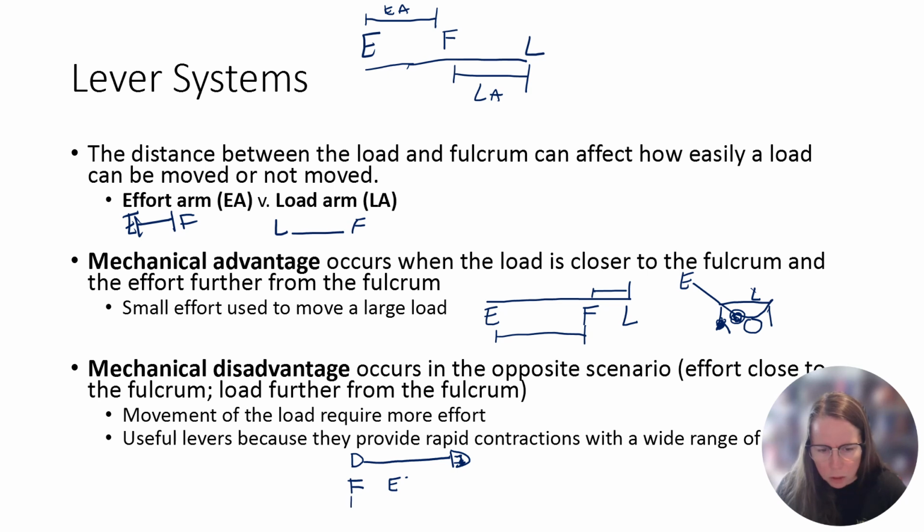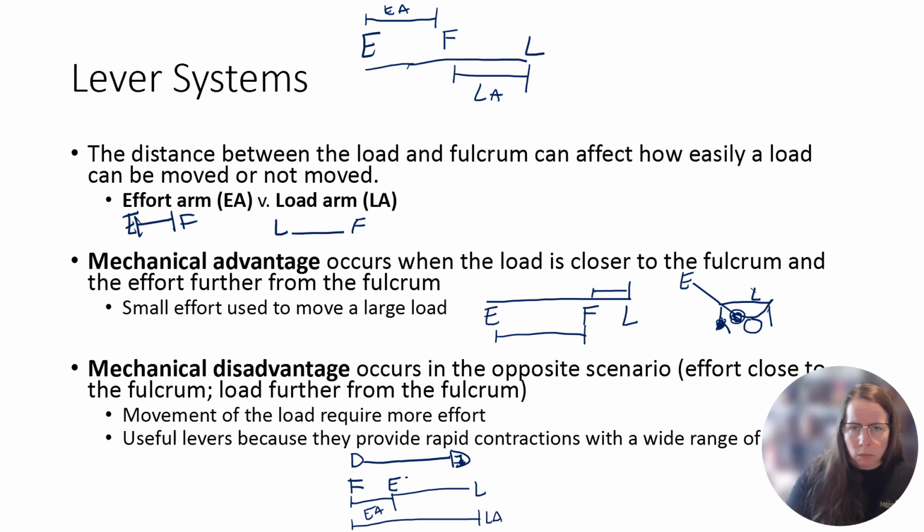So the effort to fulcrum is this distance. It keeps disappearing, and then you can see my load arm is much bigger. So now the load arm is much bigger than the effort arm.